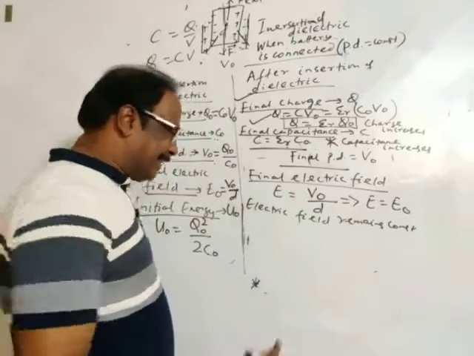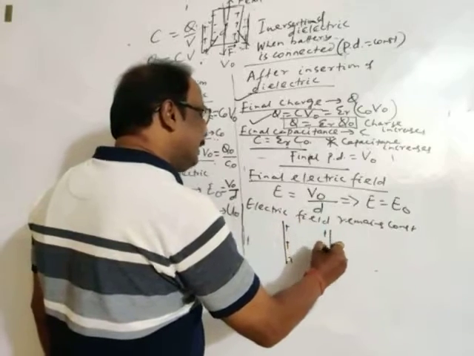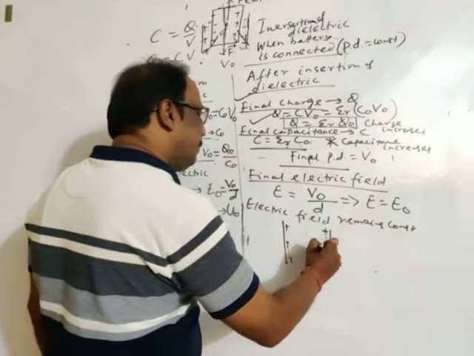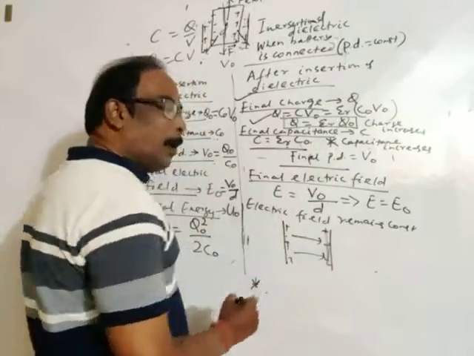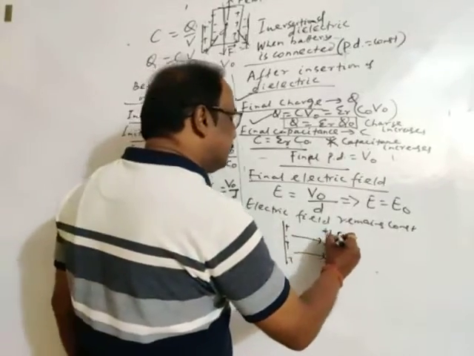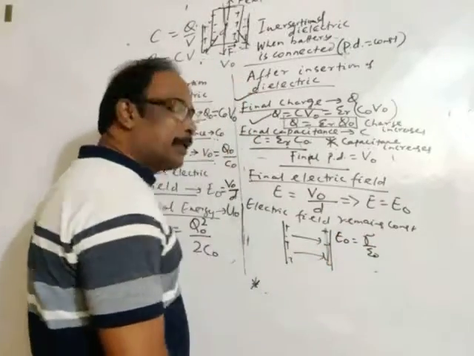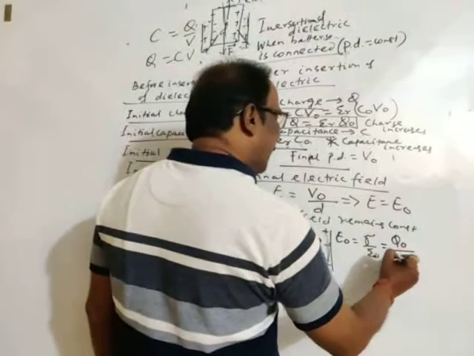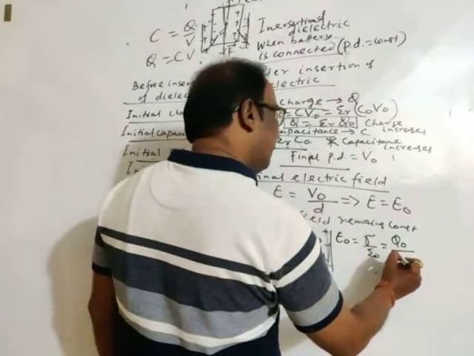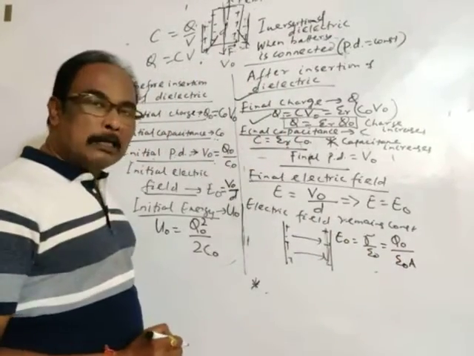Okay, let's discuss it. This is the positive plate. Sorry, this is the negative plate. This is the electric field between the two oppositely charged plates. Initial electric field is sigma divided by epsilon naught, and sigma is equal to Q naught divided by A, where sigma is the charge density.